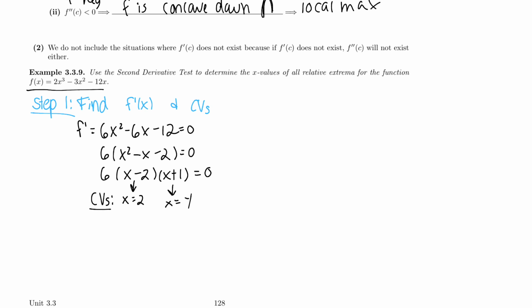Now, normally, if I were doing the first derivative test, which is making the sign chart, I would make a sign chart now, and that's fine. It doesn't take too long to do. But if I'm doing the second derivative test, I find f double prime, and then I plug the critical values into f double prime.